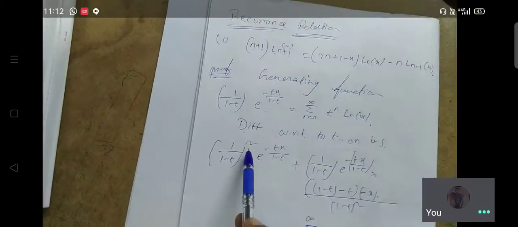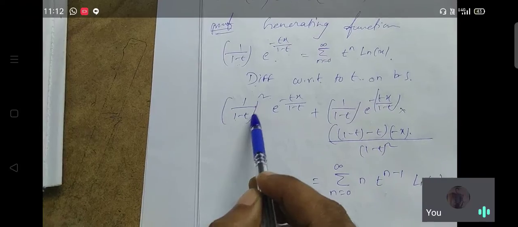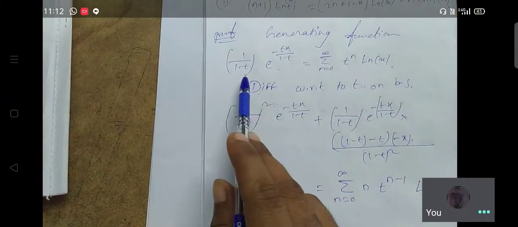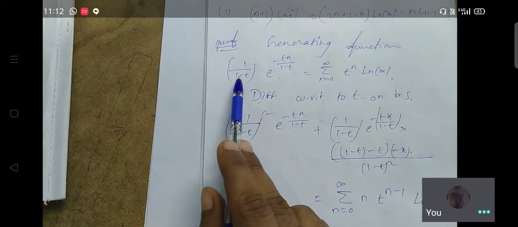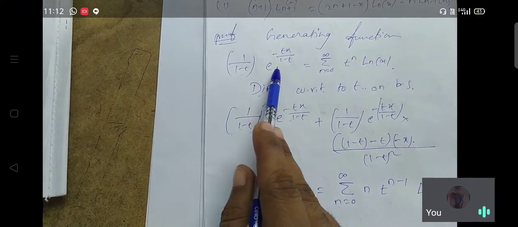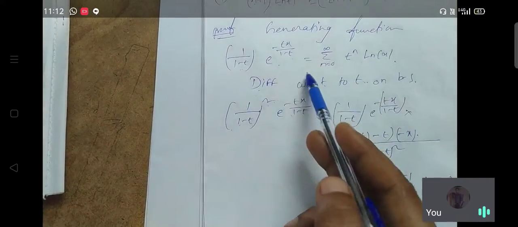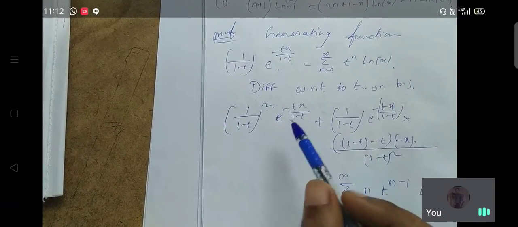So you have a square, 1 over 1 minus t whole square, into e power of minus tx divided by 1 minus t, so 1 over 1 minus t into e power of minus tx divided by 1 minus t, which is equal to summation of n equal to 0 to infinity t power of n L_n(x), right?